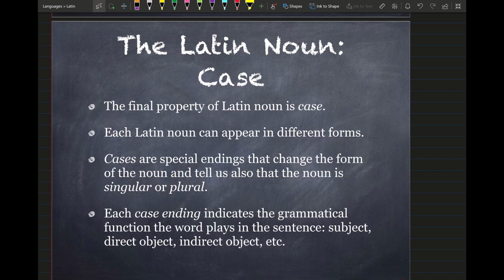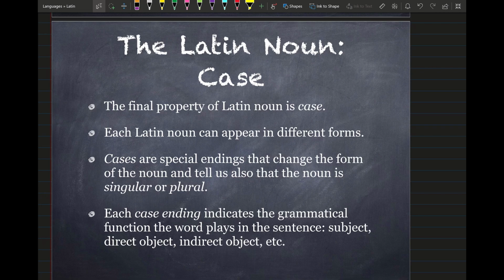Each Latin noun can appear in different forms. Cases are special endings that change the form of the noun and tell us also that the noun is singular or plural. So not only does the case tell us the function, if it's the subject and so forth, but it also tells us if it's singular or plural. This is extremely important. We need to master this.